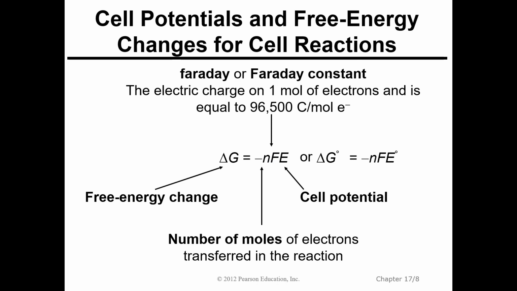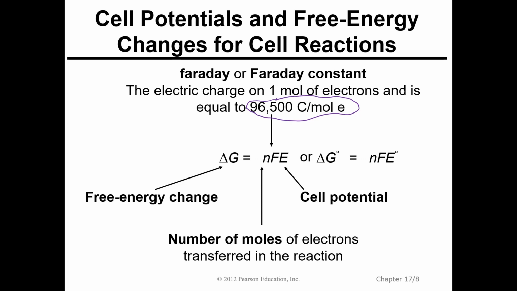The Faraday constant, as the name implies, is a constant. It's the electrical charge on 1 mole of electrons, and it has a value of 96,500 coulombs per mole of electrons. You don't need to memorize the equation or the value. You'll be given those.